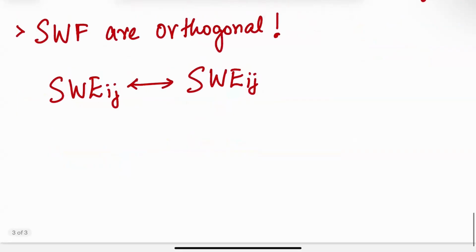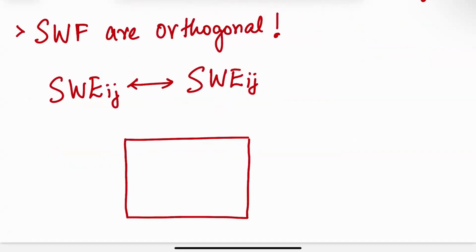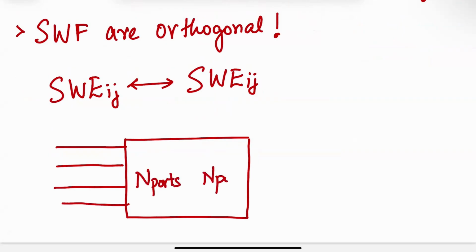Okay, so another way to think about it is that I can treat my incident wave as coming in to a two-port network. So I have ports on the left, then ports on the right. It's a linear system. And I have SWE 1, 2, 3, all of these modes. These are all spherical modes, but I can treat them as ports in a linear network.